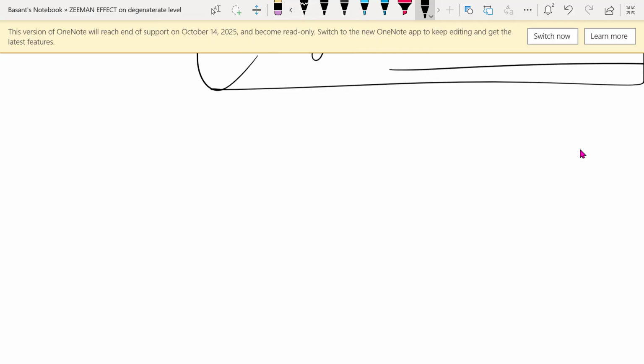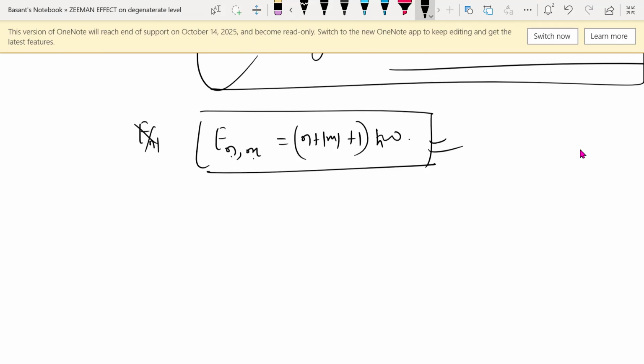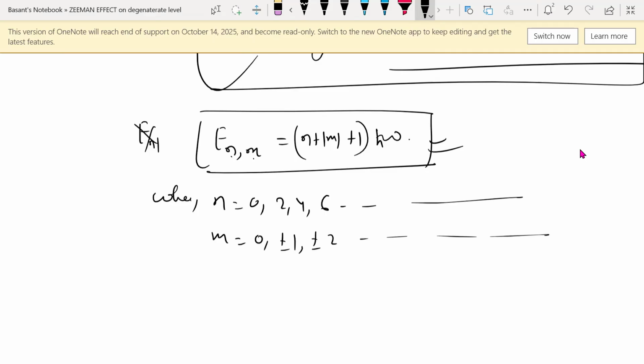The energy of the states is given by two quantum numbers, n and m, in the combination (n plus mod m plus 1) h-bar omega, where n is equal to 0, 2, 4, 6, etc. and m is equal to 0, plus minus 1, plus minus 2, etc. For satisfying the Schrodinger wave equation, there are two quantum numbers, n and m, belonging to the energy and also the wave function psi n m.